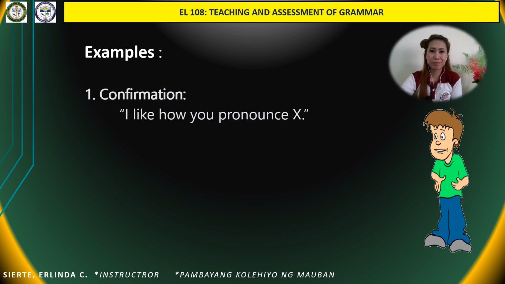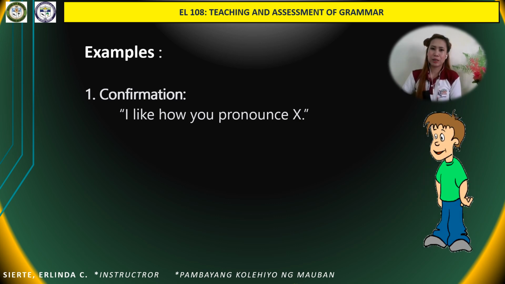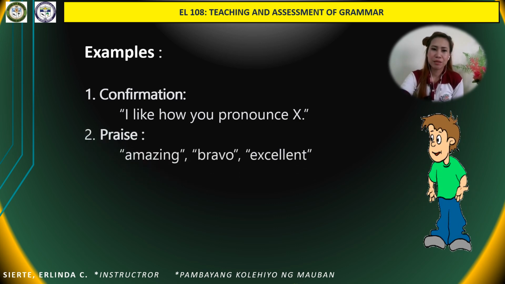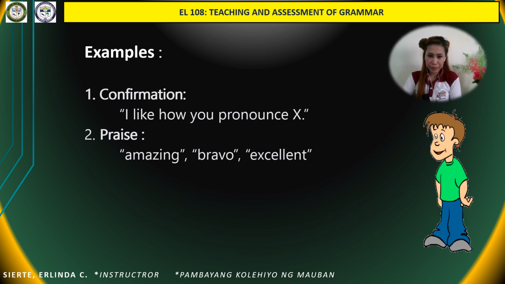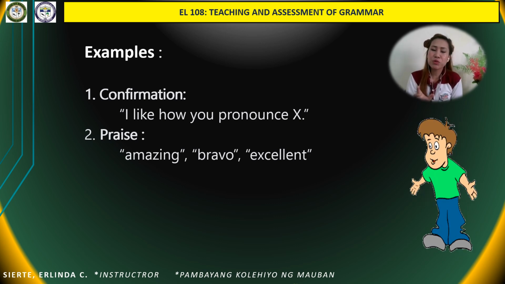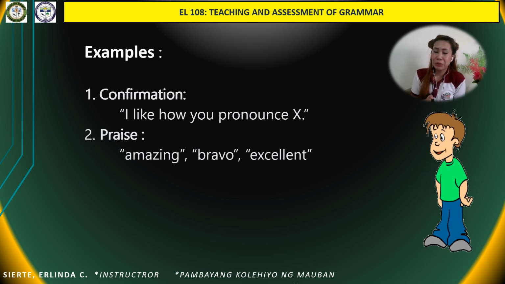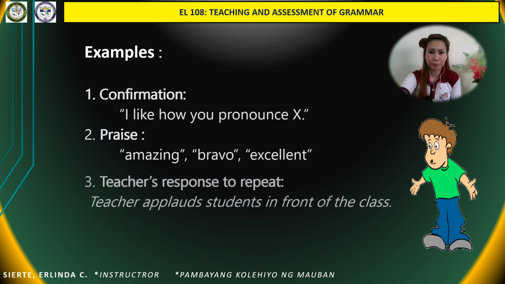So for examples, in number one, confirmation: I like how you pronounce X. And then for number two, praise: the words are amazing, bravo, and excellent. Those are some examples of words we use when we are praising someone, especially our students.